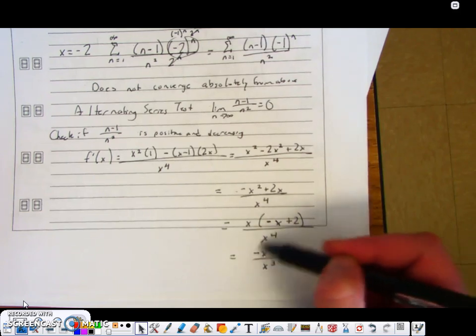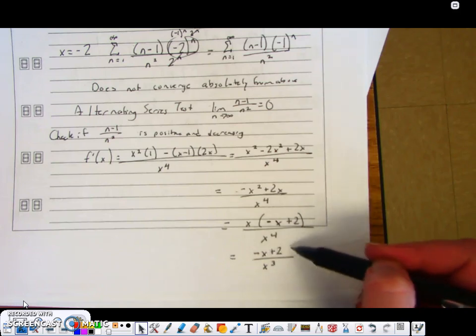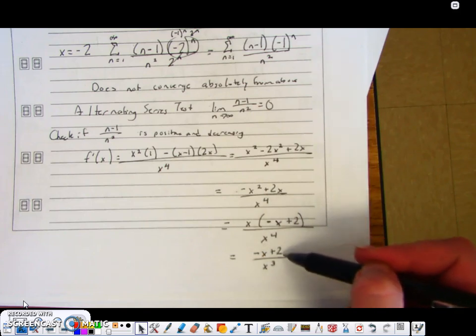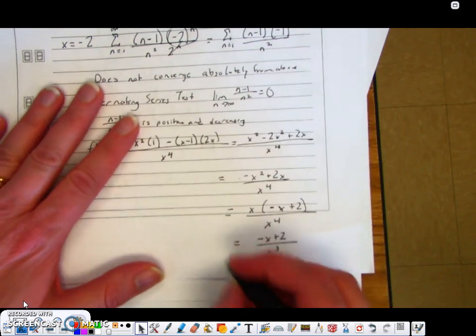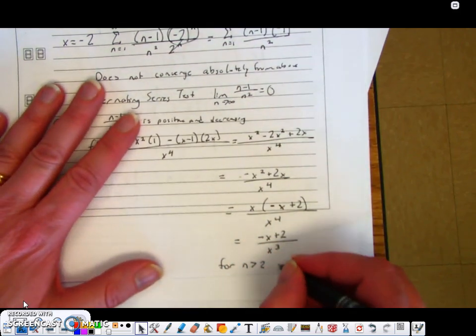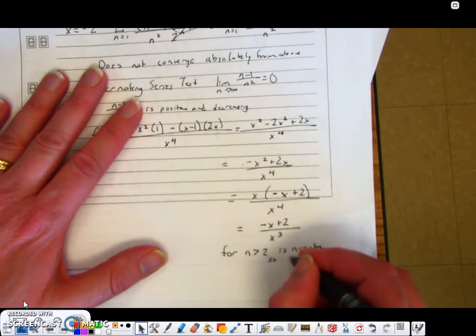So where is the breaking point? If you set the numerator equal to 0, you would find out that at 2 is the break-even point. From then on, if I put in, for instance, 3, negative 3 plus 2, then I would have negative over a positive. So for n greater than 2 the derivative is negative, so decreasing.